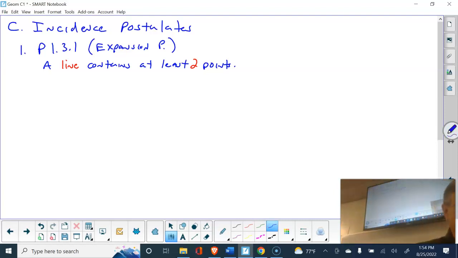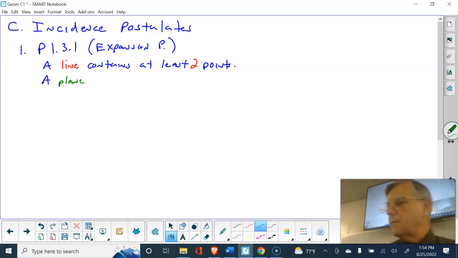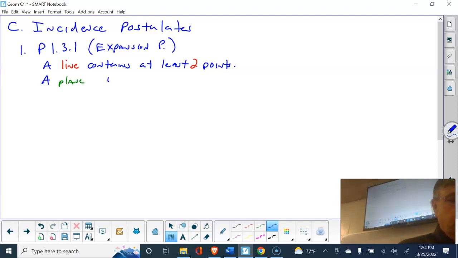The second part is, and then I'm going to go to green for the word plane. And if you squeeze plane in enough, we can use dittos for contains at least. And then we can't just go points here.